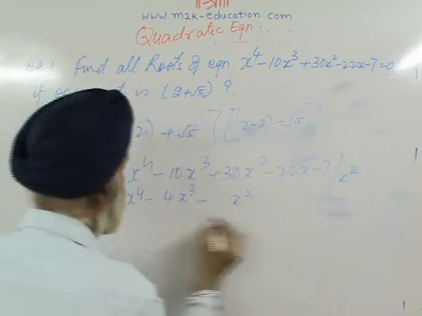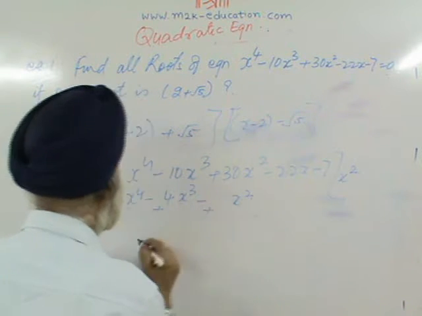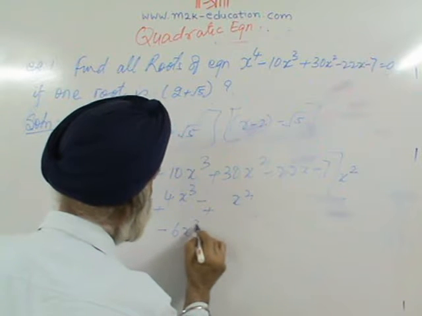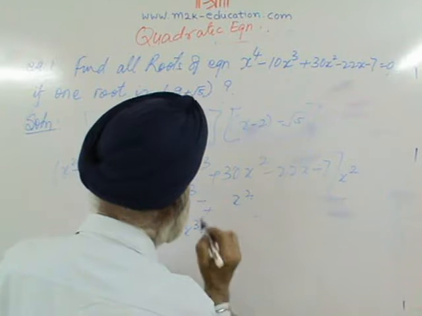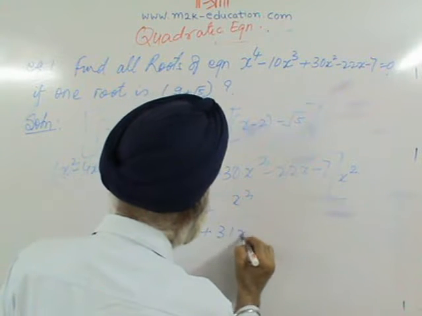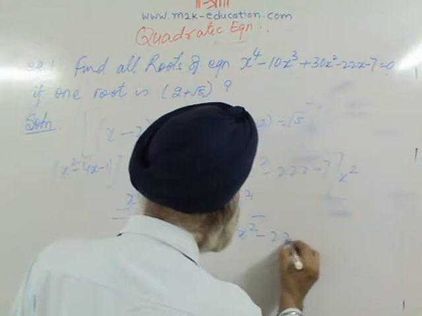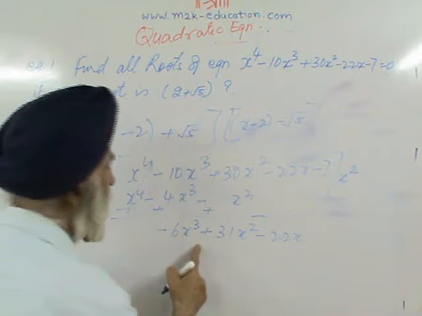Okay? Subtracting it like we do in the division, we'll get minus 6x cube plus 31x square, and further bringing down minus 22x. We further remove minus 6x cube.